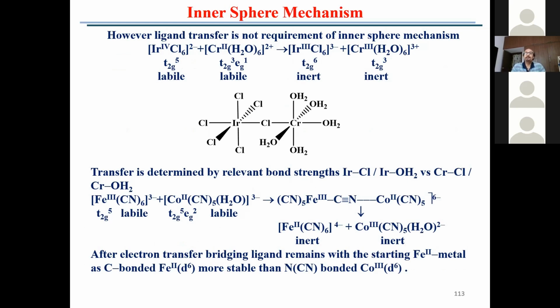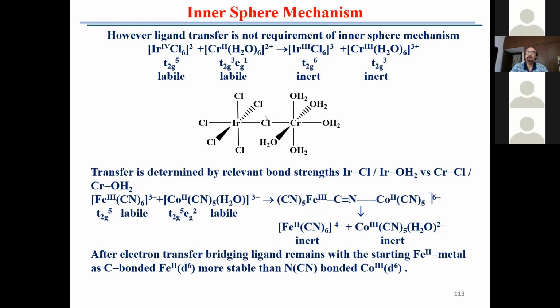So chloride did not have any option or any reason to move towards the other side. Earlier there was a reason: instead of moving back to its original position on cobalt, it went towards the new site, chromium. But here it does not gain any additional energy or stability, because both the products are inert.